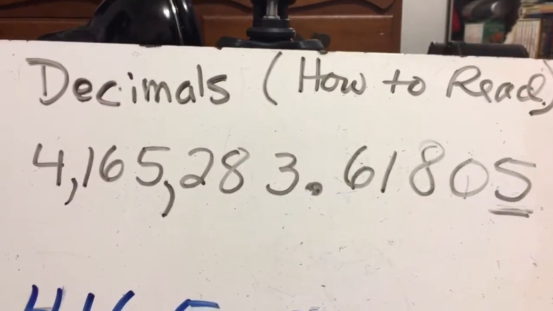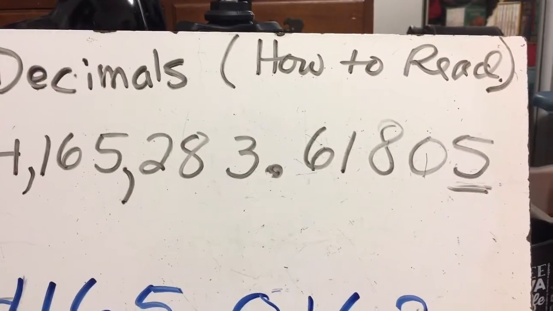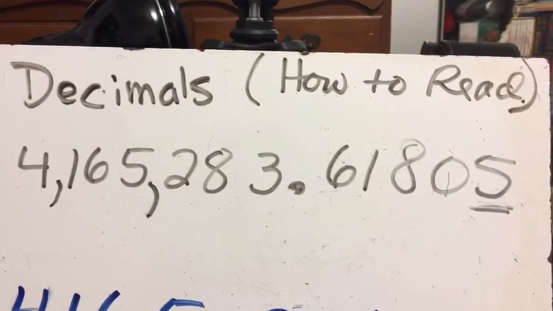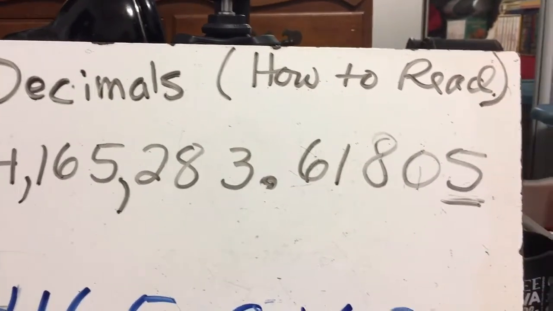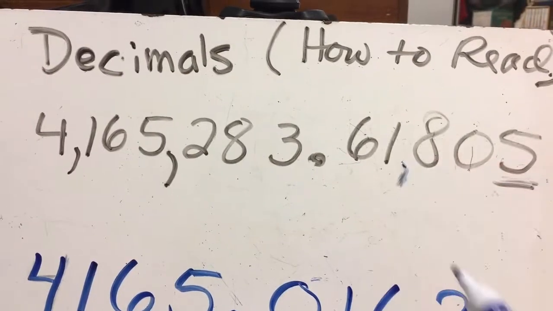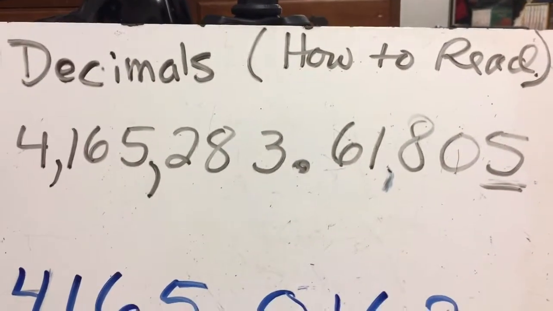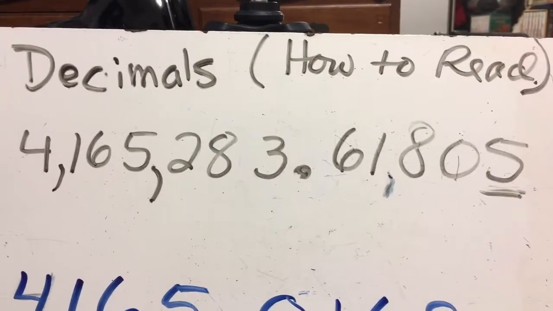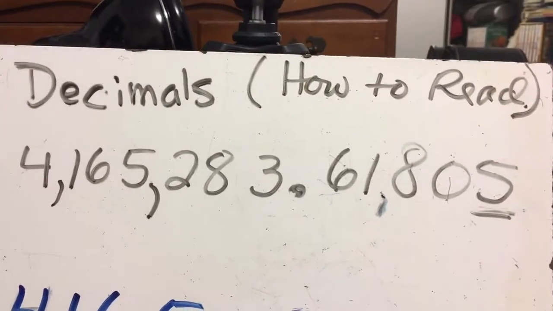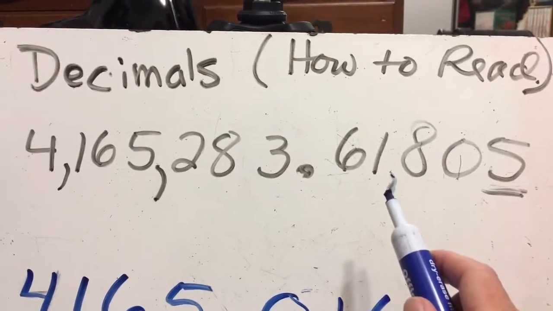In order to keep track of the numbers, your Saxon book recommends that, at least at the start of reading, you start at the right-hand side and put a comma there. Now, I've never seen that done in any other math book, so this is not mathematical protocol. But I think what he's trying to do is help you in saying the number.